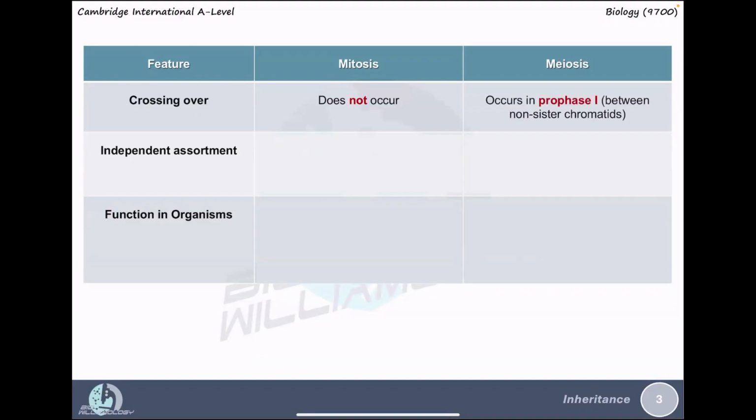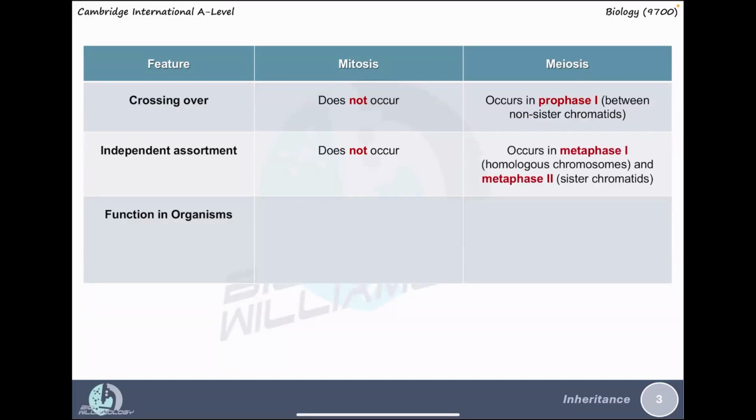However, crossing over occurs during prophase 1, when crossing over takes place between non-sister chromatids where the alleles can be changed. These introduce genetic variation.